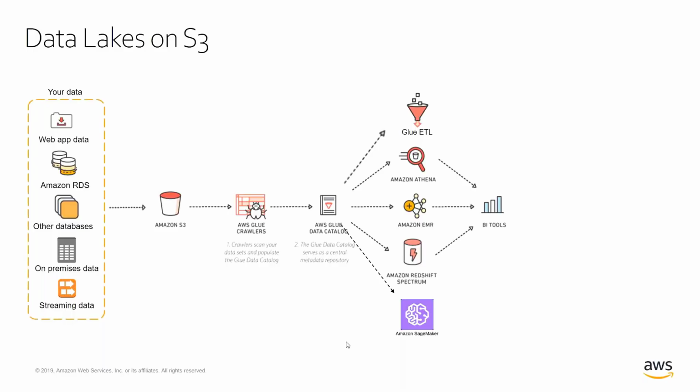What you see in front of you is a typical data lake architecture on AWS. We have already talked about a lot of the concepts of data lakes on AWS, such as structured data, unstructured data, bringing your structured or unstructured data into S3, cataloging this data separate from your data in a service called Glue.